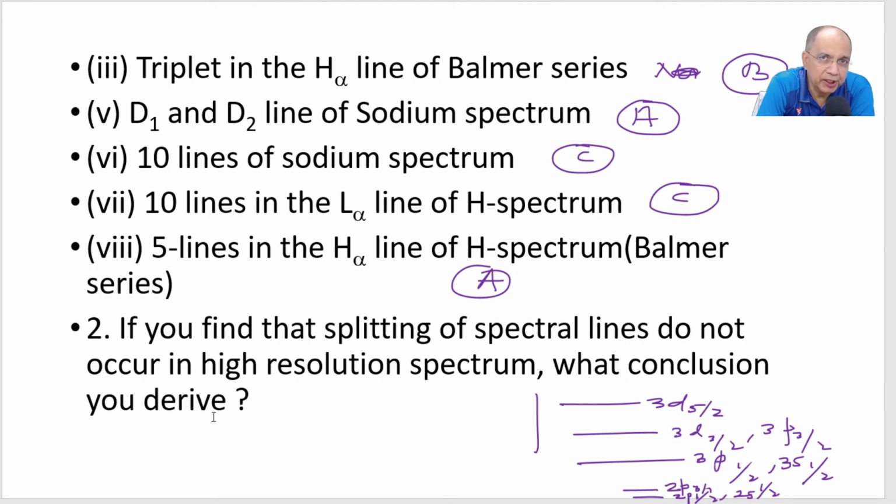What inference will you draw? You will say that there is no LS coupling then. There is no unpaired electron. So the spin moment is 0. They are all paired, but transition is occurring within the same singlet state, going to the higher level with the same spin, so that there will be cancellation of the spin magnetic moment.